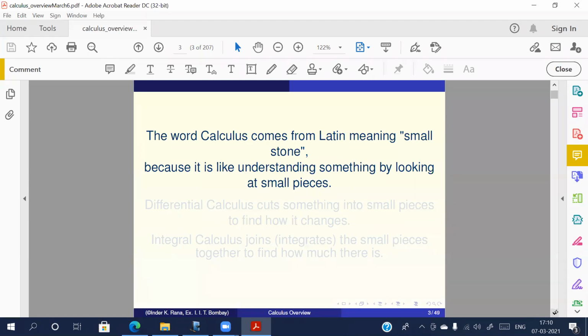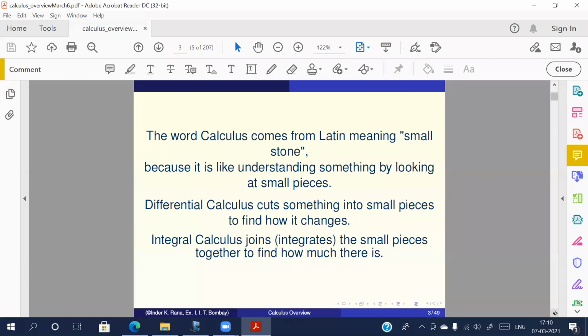Differential calculus cuts something into small pieces and observes how things are changing. Integral calculus joins small pieces together to find out how much there is overall. So, in a nutshell, these are the two different parts of calculus: one is called differential calculus, and the other is called integral calculus. We'll be looking at both of these.